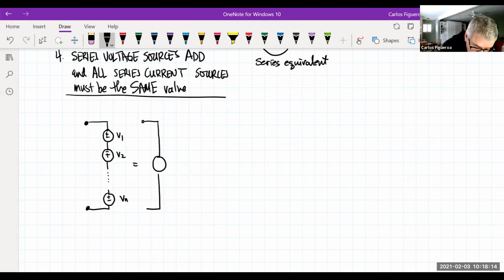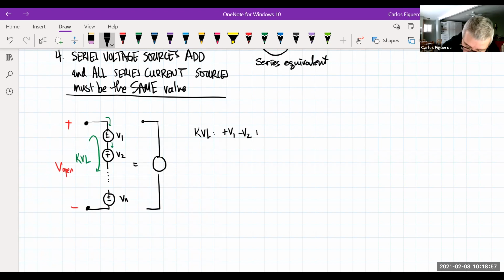If I apply KVL, going in this direction, this is my open. According to KVL, I go through the first one because of my path, I see a plus sign, so I get plus V1. Then I go to V2, and as I go to V2, there's a minus sign there, so I write minus V2.